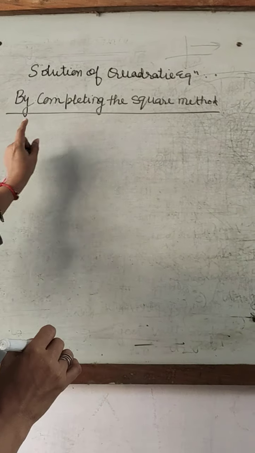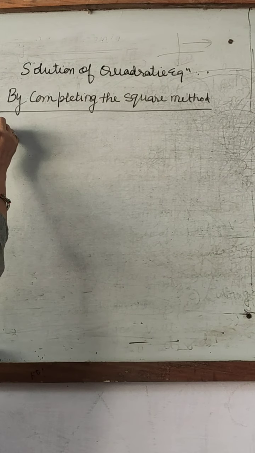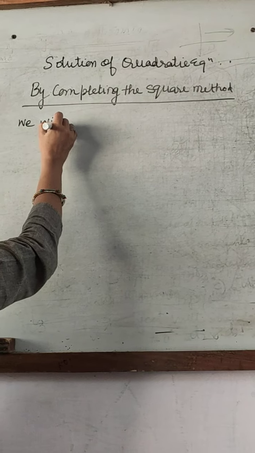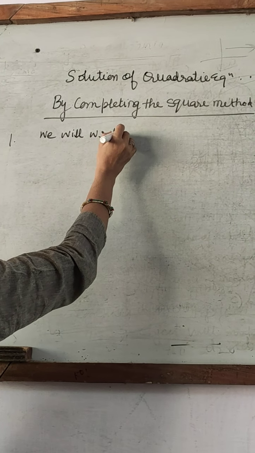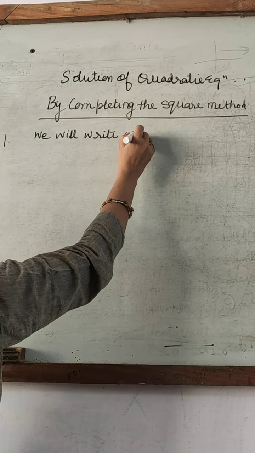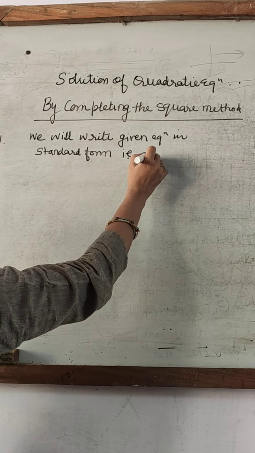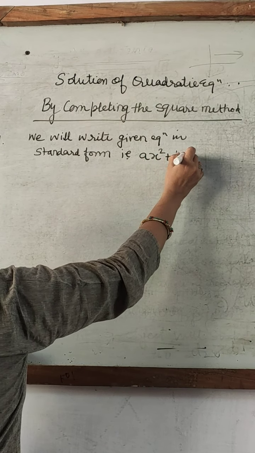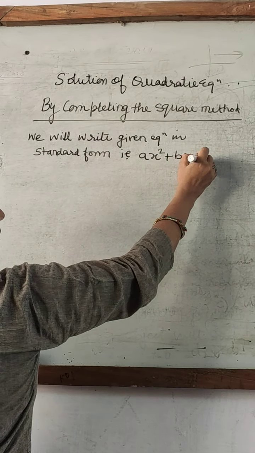The very first step is we will write the given equation in standard form, that is ax square plus bx plus c equal to 0, where a not equal to 0. If it is given in standard form, it's okay. Otherwise, write it in standard form.